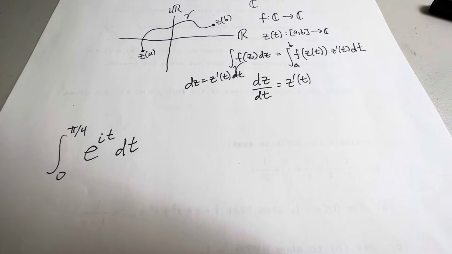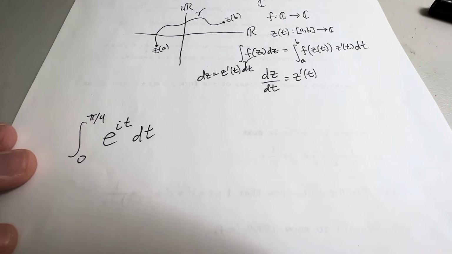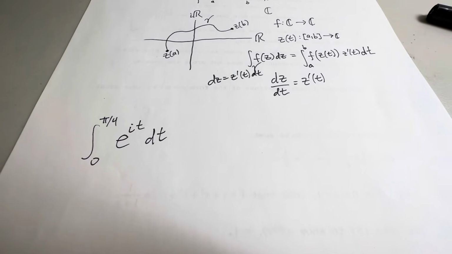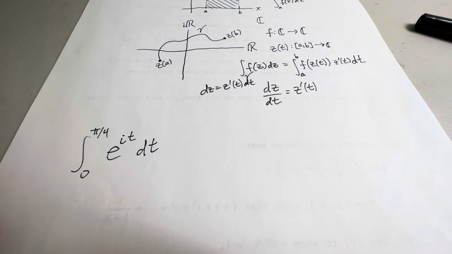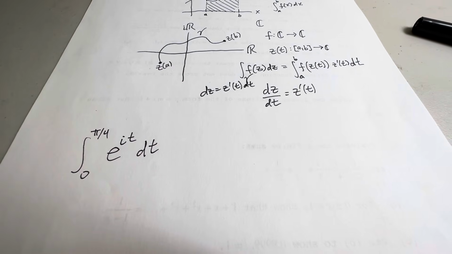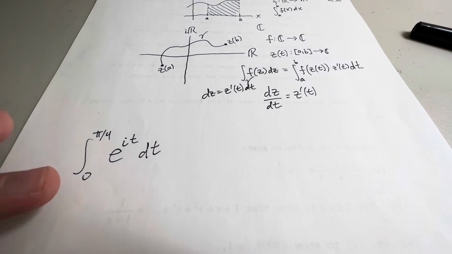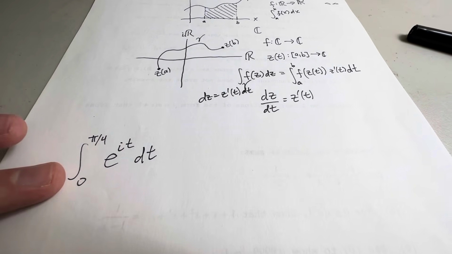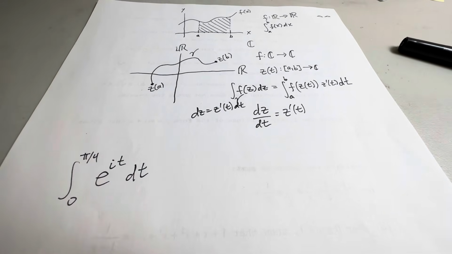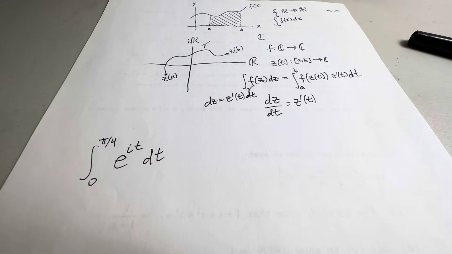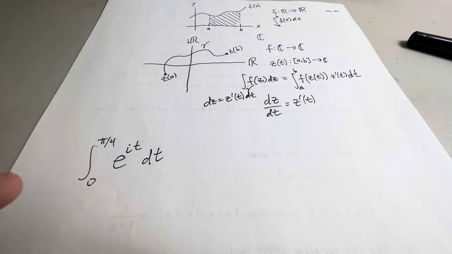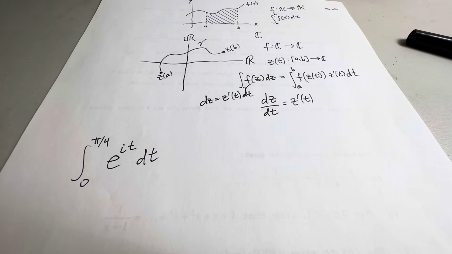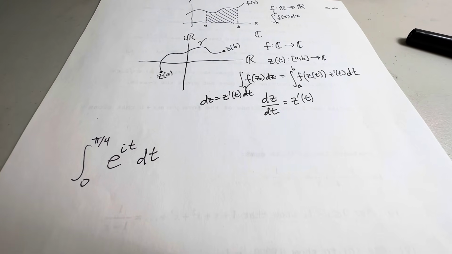Now, if you're not super familiar with complex analysis, this might be kind of scary because you've got that i up in the exponent. But just know that e to the it gives you a point on the unit circle in the complex plane, and that t represents the angle formed with the x-axis.